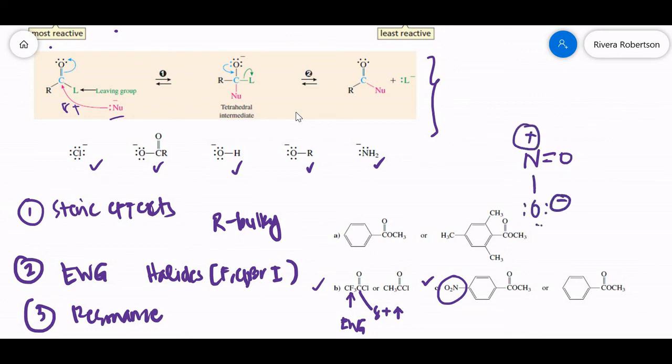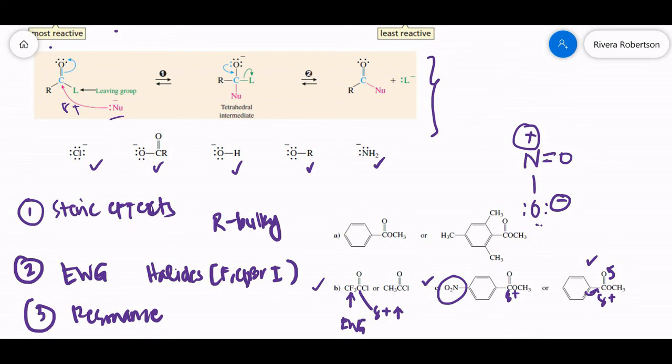Since it has a positive charge, it will pull the electrons, which makes your carbonyl carbon more positive versus the carbonyl carbon directly attached to the ring. Because that one lessens the positivity of the carbonyl carbon since resonance is possible.